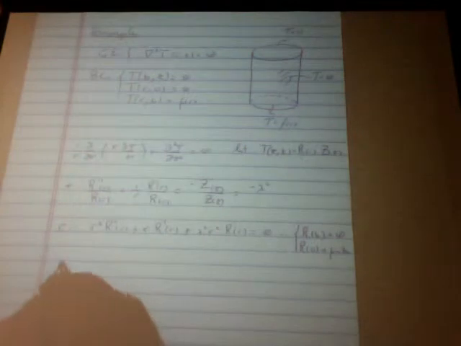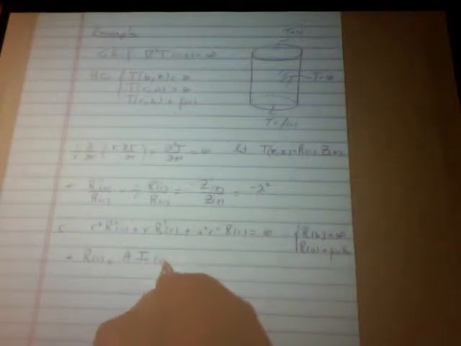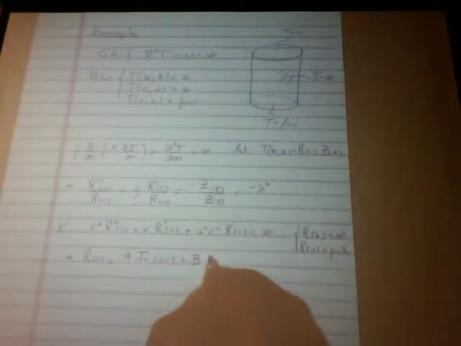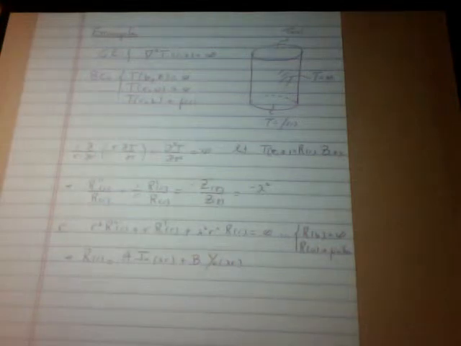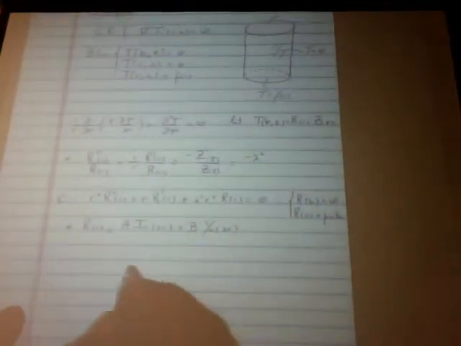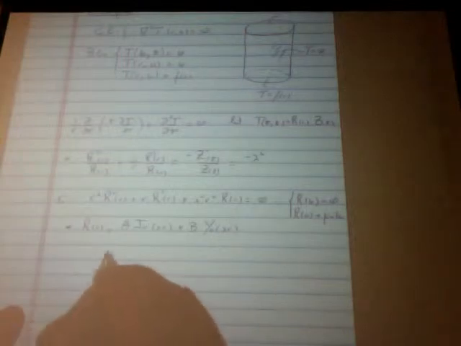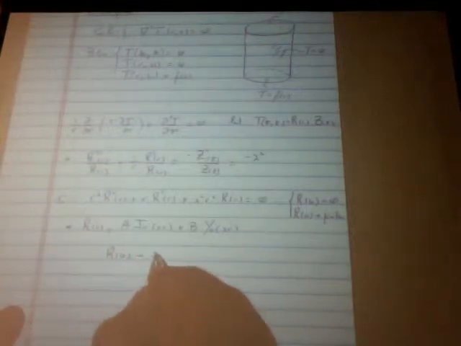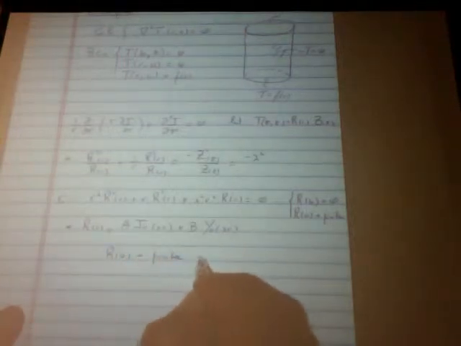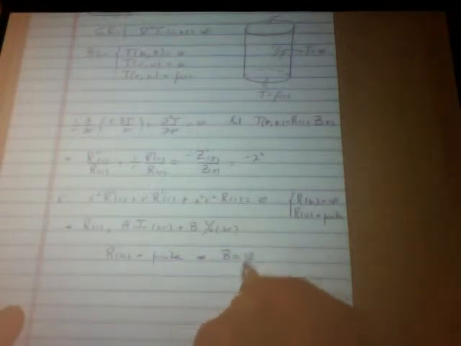The solution of this equation, R of r is equal to A J0 of lambda r plus B Y0 of lambda r. This is the Bessel equation of order 0, and therefore the solution is in terms of Bessel functions of order 0. Such that R at 0 must be finite, therefore B must be equal to 0.